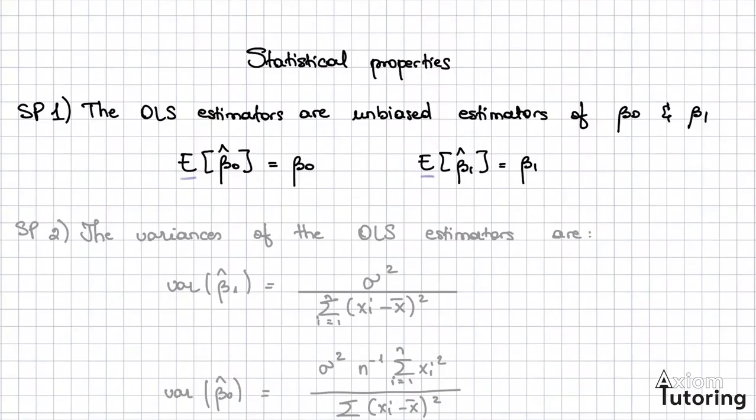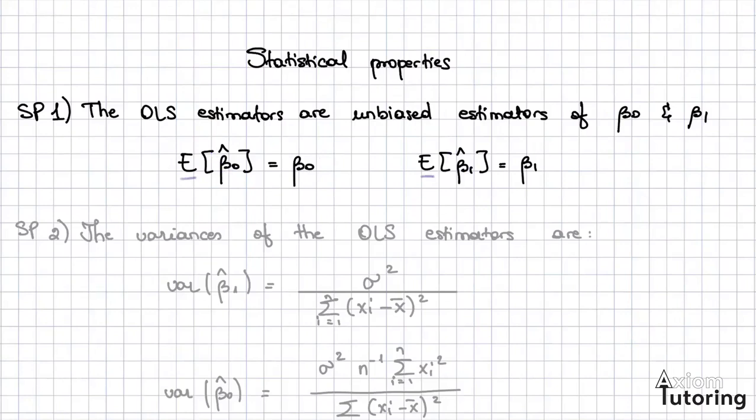Before I dive into the assumptions that kickstart the properties, I would like you to notice something very carefully. Here, we're working with beta null and beta 1, and the expectation of beta null hat and the expectation of beta 1 hat need to be equal to these beta null and beta 1 that don't have the hat.